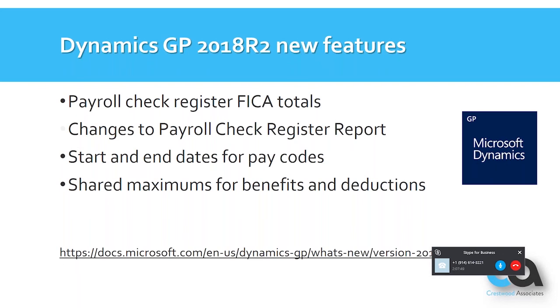In prior versions, before R2, it's not possible to do that. You basically have a maximum for each individual code. And then we have a link on here if you want to read more about any of the new features related to Release 2. You can go on there, and there's some additional details and examples for you.